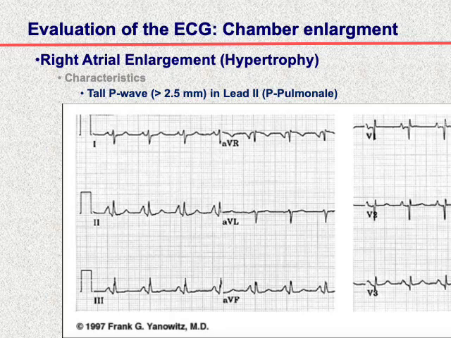The normal P wave should be less than 2.5 mm in height and less than 3 mm in width. So in right atrial enlargement, as we see here, we have a tall and peaked P wave. What I mean by tall is 2.5 or more millimeters. As you see here, more than 2 millimeters, so this is right atrial enlargement.